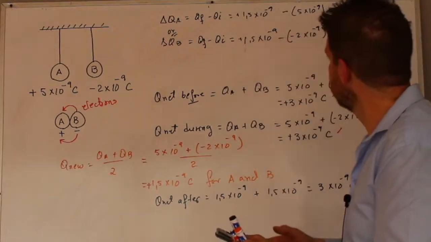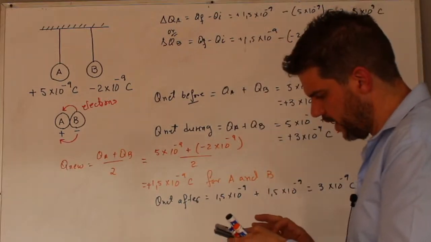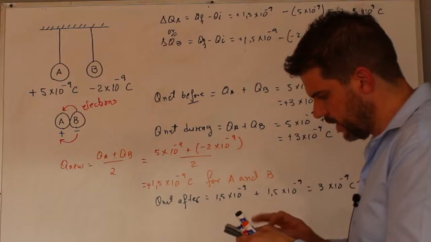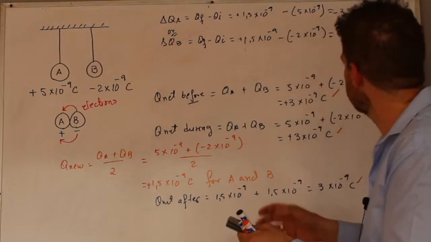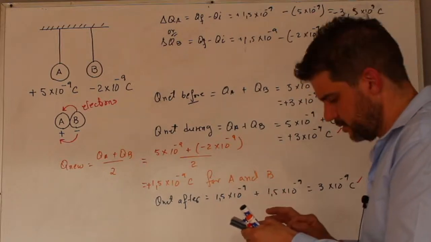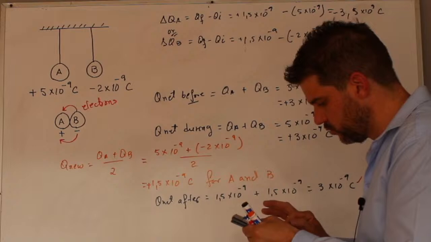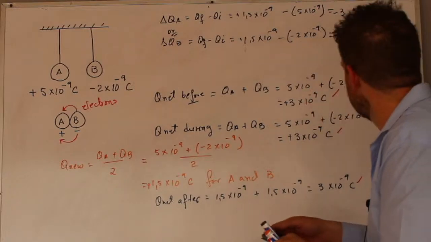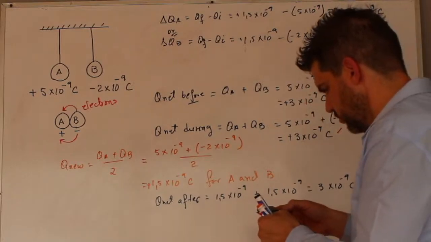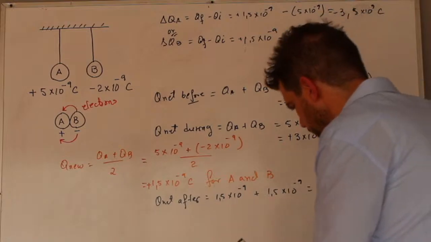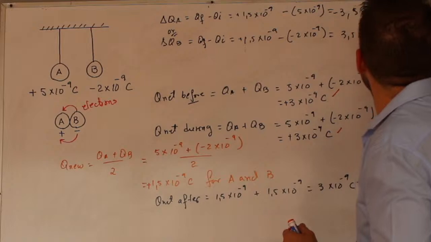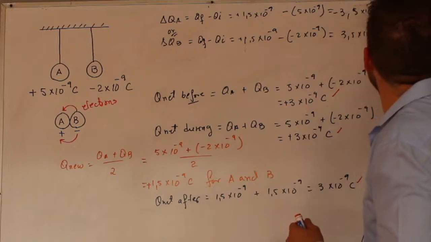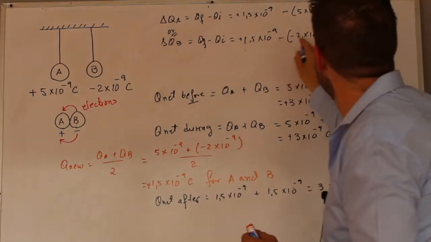All right. It is 1,5 times 10 to the minus 9 plus, because minus and minus is plus, and I subtract. Plus 2 times 10 to the minus 9. There we go. It's 3,5. This is 3,5 times 10 to the minus 9 coulomb. There we go. All right.